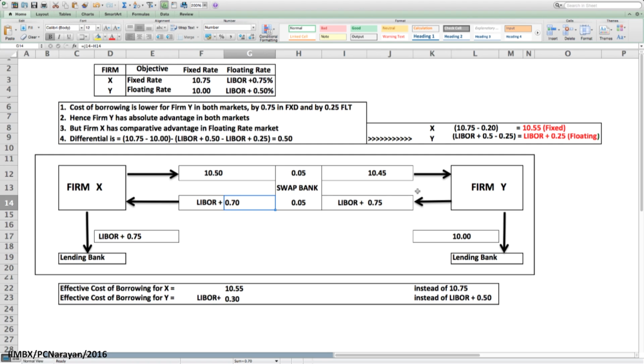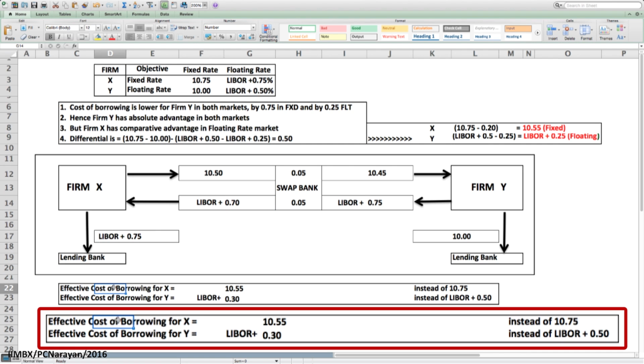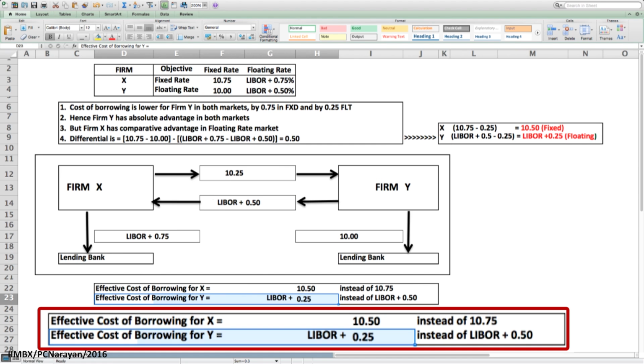The rest of the numbers remain exactly as we saw in the previous slide, and because the swap bank is taking away 5 points each from the two flows, the effective cost to firm X will be 10.55 and the borrowing cost for Y will be LIBOR plus 0.30. Remember, in the previous example, just to refresh, it was 10.5 and LIBOR plus 0.25.